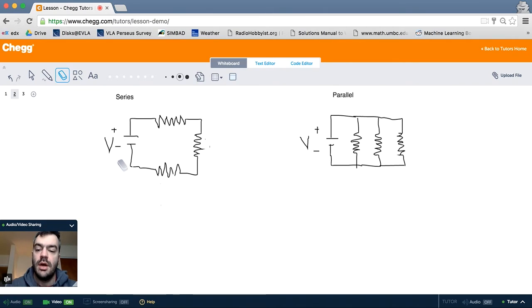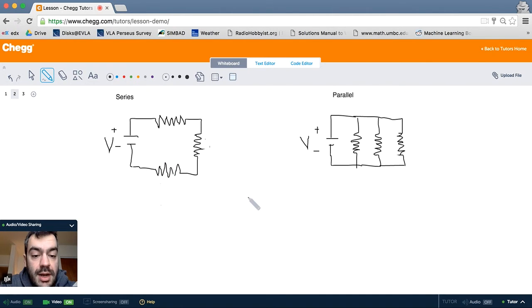Just to give you a brief review, on this page of the tutoring space, I show on the left an example of a series circuit and on the right an example of a parallel circuit. They both have the same components, but they're connected in different ways. On the left, we have a battery connected in series with three resistors, here, here, and here.